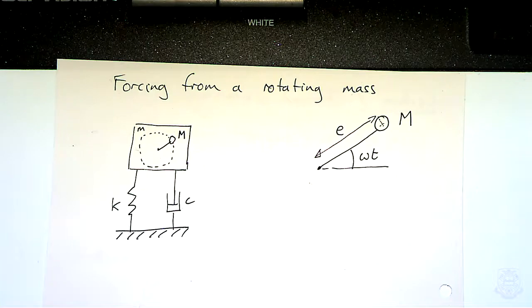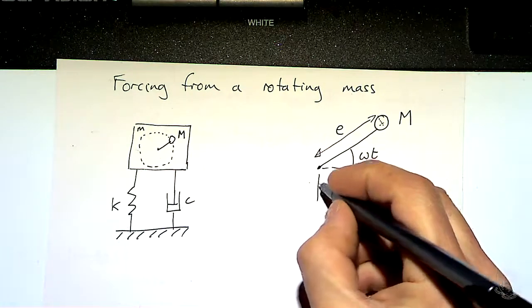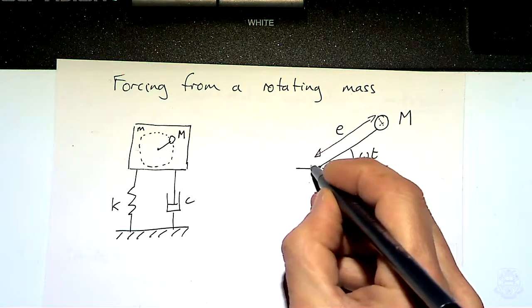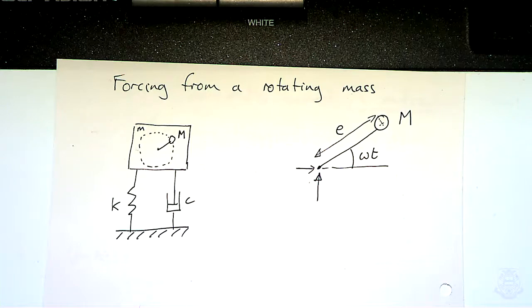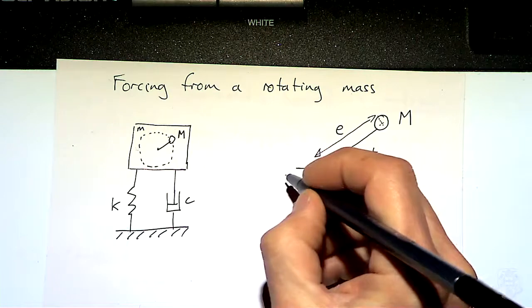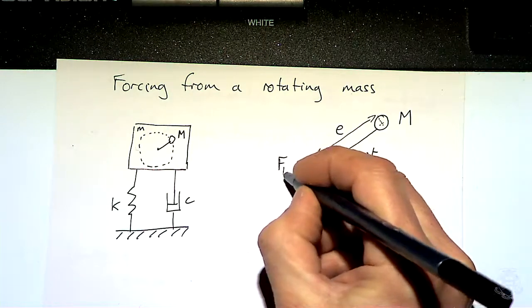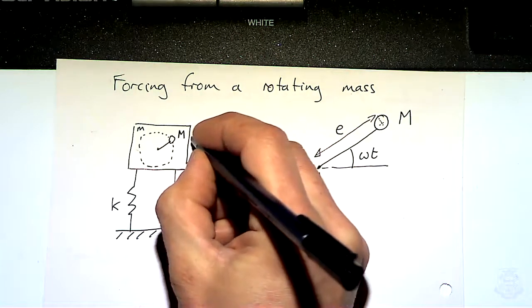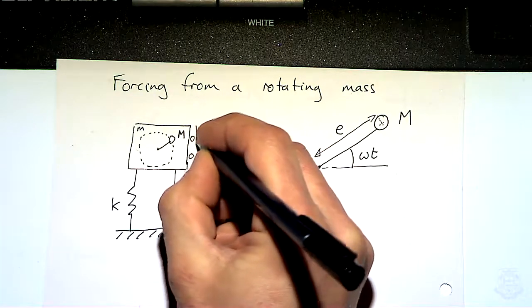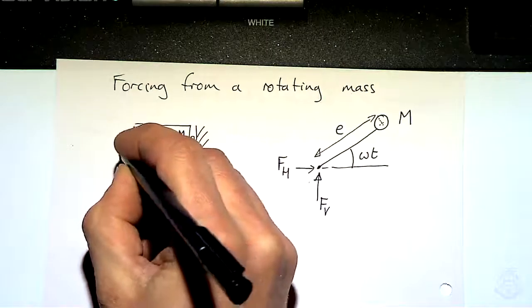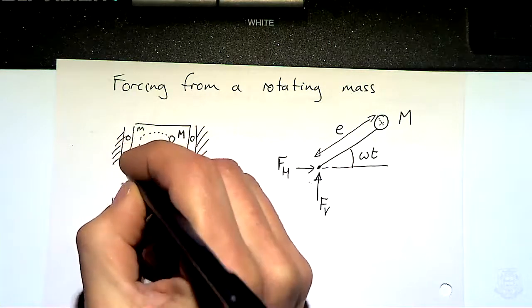And of course, there's an interaction between the pivot point of this small mass rotating around and the big mass, isn't there? So we're going to have a vertical force Fv and a horizontal force Fh. Strictly speaking, on this first diagram we need to show that this mass is constrained so it can't move horizontally.